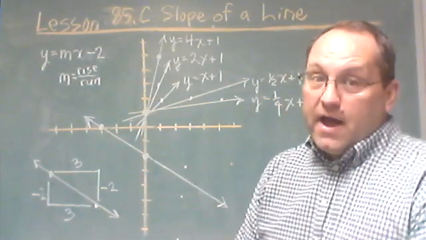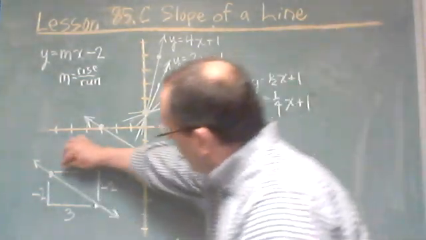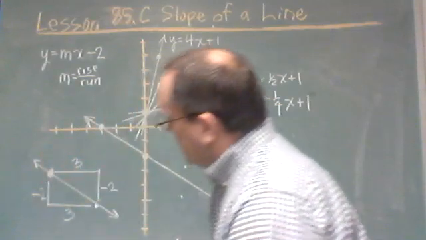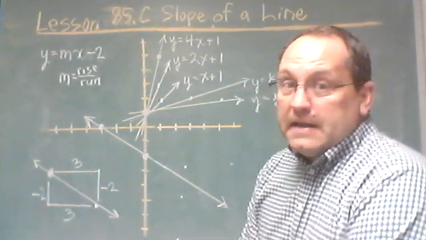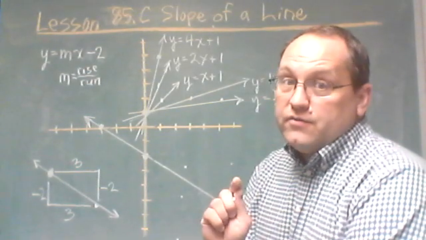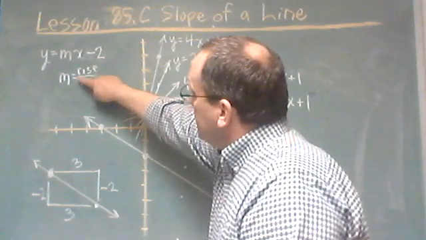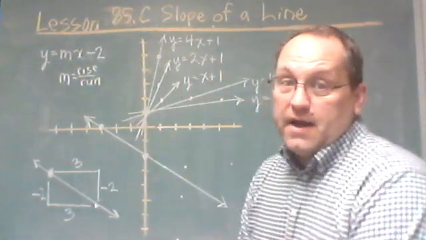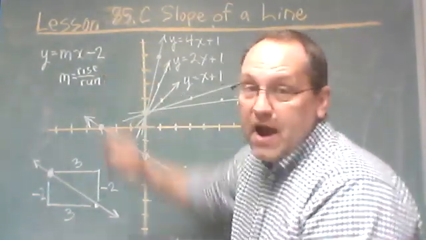And we read lines the same way we read English, from left to right. So we're going to start over here at this left point. Okay, well, which one do I apply first? The rise or the run? It doesn't matter. The only thing you have to remember is we apply the minus or positive sign to the slope to the rise only.